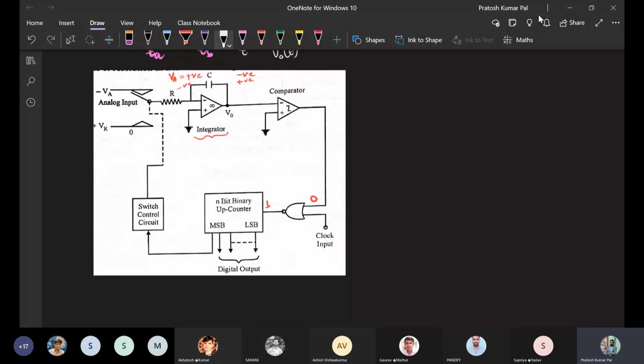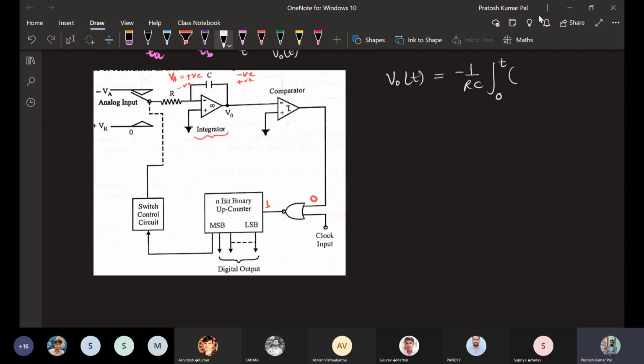If it is connected to the integrator, the integrator output will be given by V0(t), integrated from 0 to ta. For the general case, if it is a general integration, it will be from 0 to T time.